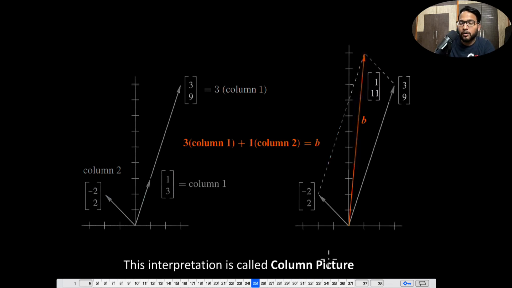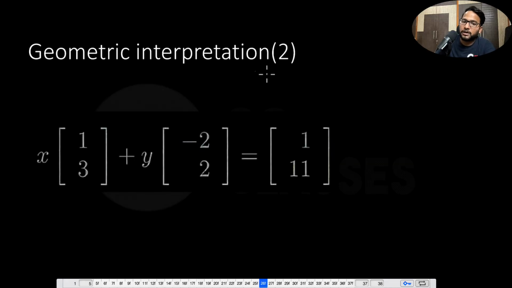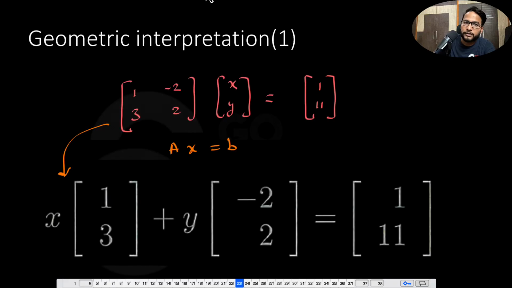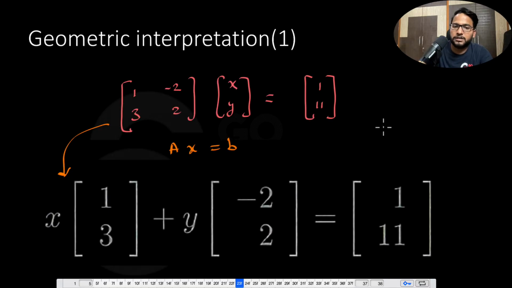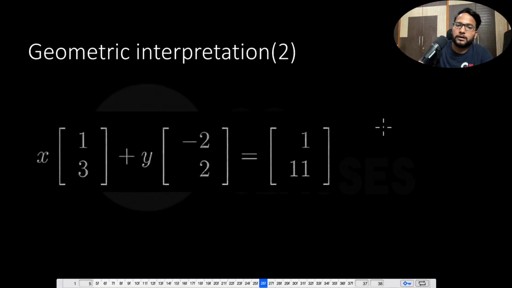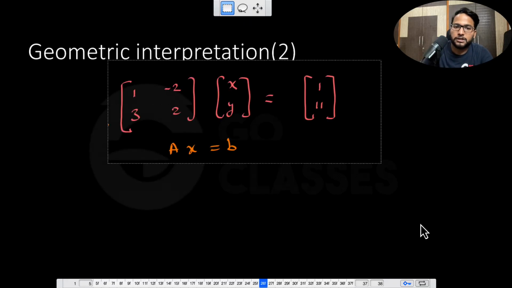So this is the column picture. Now let's see another picture, which is called the row picture, which means let's talk about geometric interpretation 2. Given this Ax equal to b, in the geometric interpretation 2, suppose this is given to you.